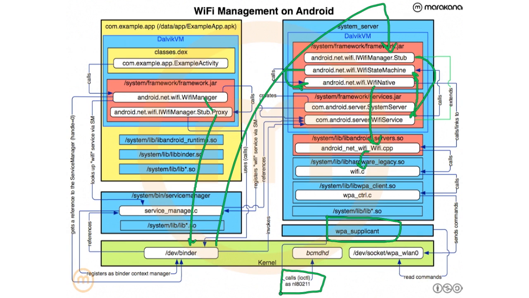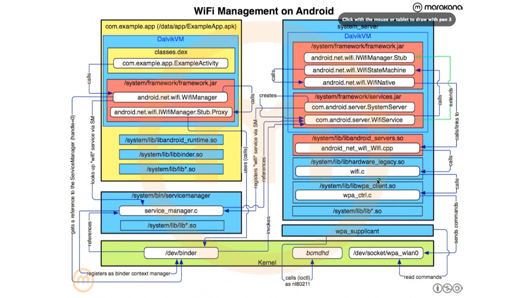So essentially what happens is that this Wi-Fi HAL talks to this WPA client, which wants to use the WPA supplicant to do the actual configuration.